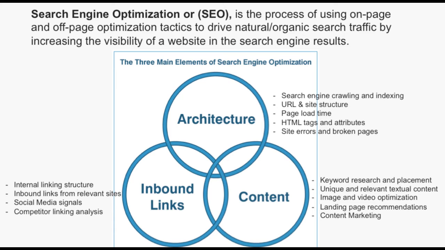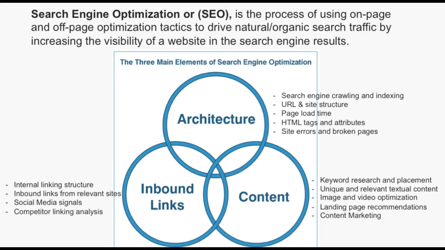And here on this slide, you see that graph. You see 3 main elements of search engine optimization, and that's where we normally create our strategy around. So we look at SEO strategy from architecture or technical, content, and inbound linking.